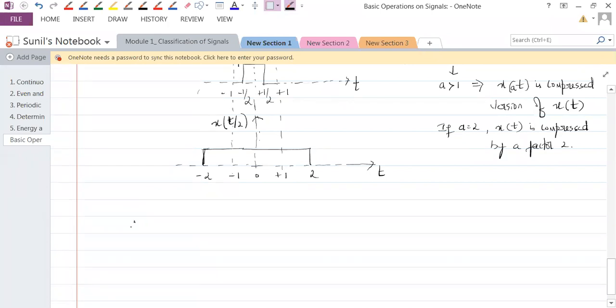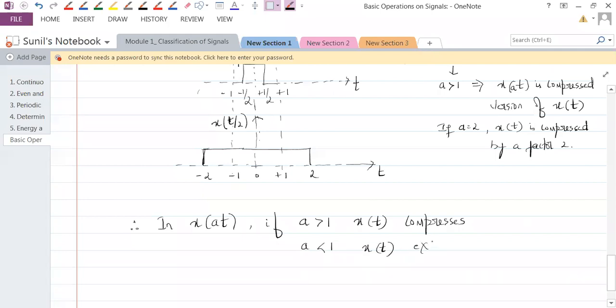Therefore, in x of at, if a is greater than 1, x of t compresses. If a is less than 1, x of t expands.